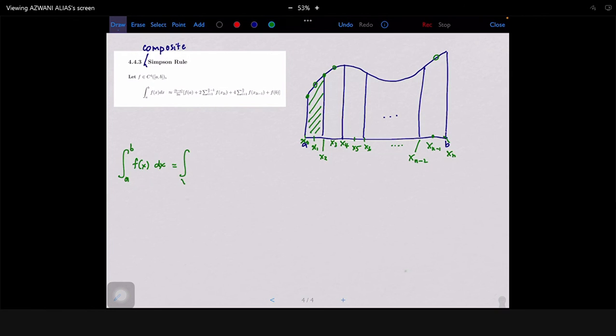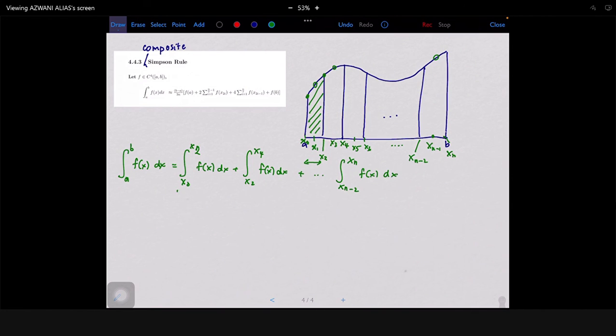Let's say the variable called x0, x1, sorry x0, x2 lah kan. This is the first sub-interval x0, x2 for the function f(x) dx plus x2 up to x4 f(x) dx plus ... up to xn-2 xn f(x) dx.